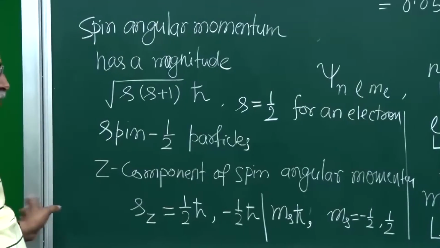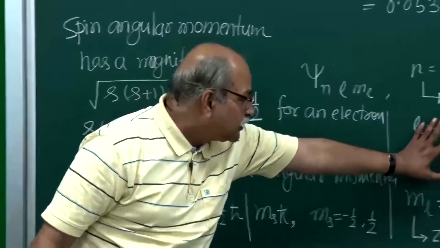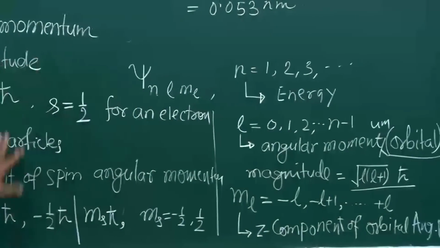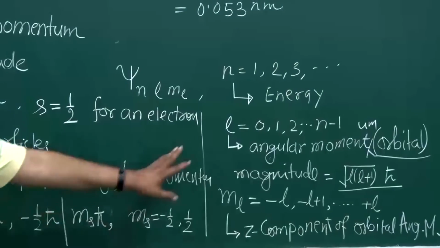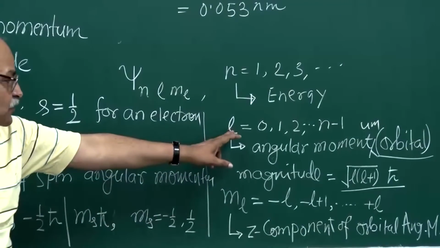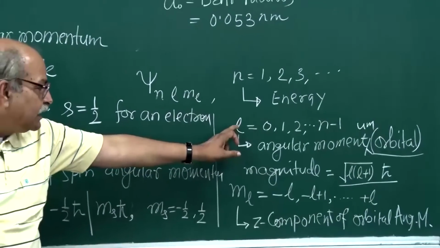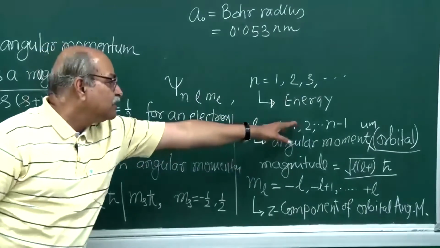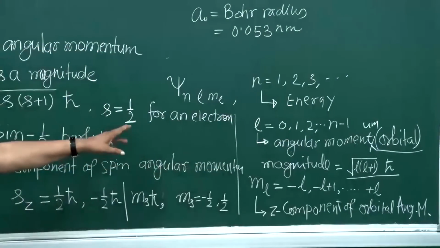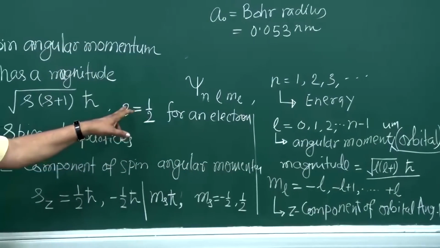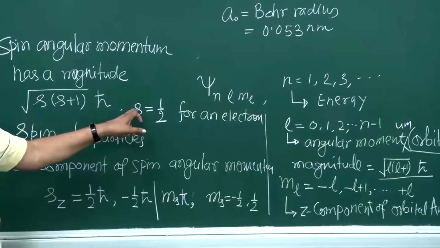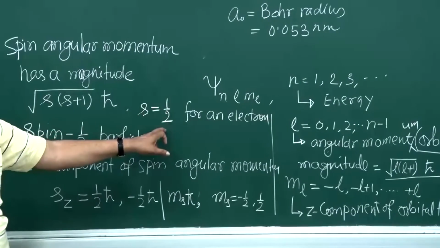So it's almost a similar structure: orbital angular momentum, spin angular momentum. For orbital angular momentum, the magnitude is given by this number L, which can take different integral values, but for spin angular momentum it is given by S, and S has a fixed value 1 by 2.